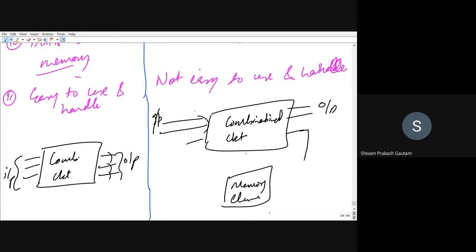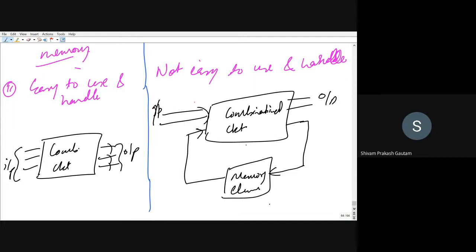Now it might be possible that this output flows back because it is having the feedback path, and feeds back to the input, right? Whereas this is called as internal input because it is inside the circuit, and this is internal output. So this memory element is acting as a feedback.